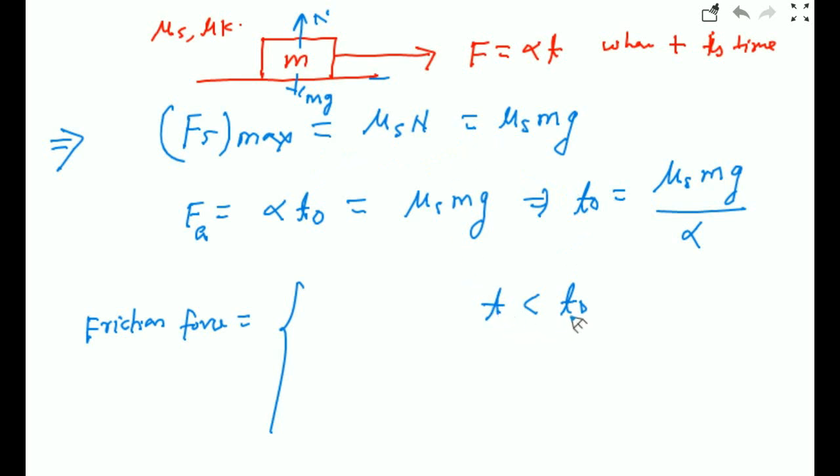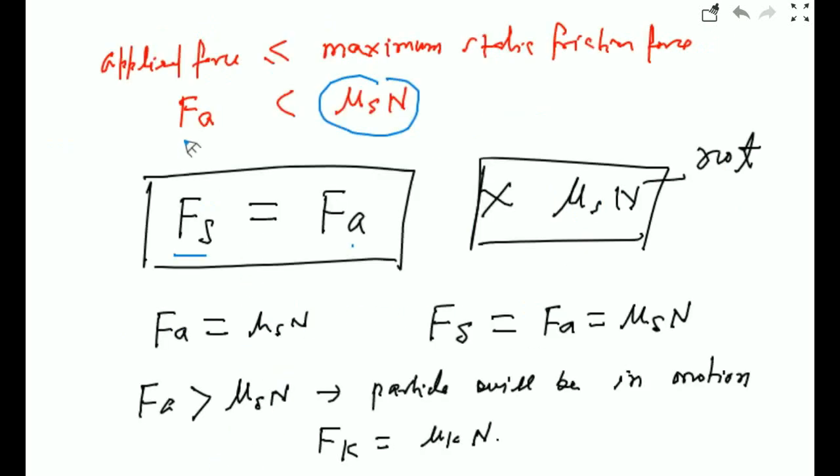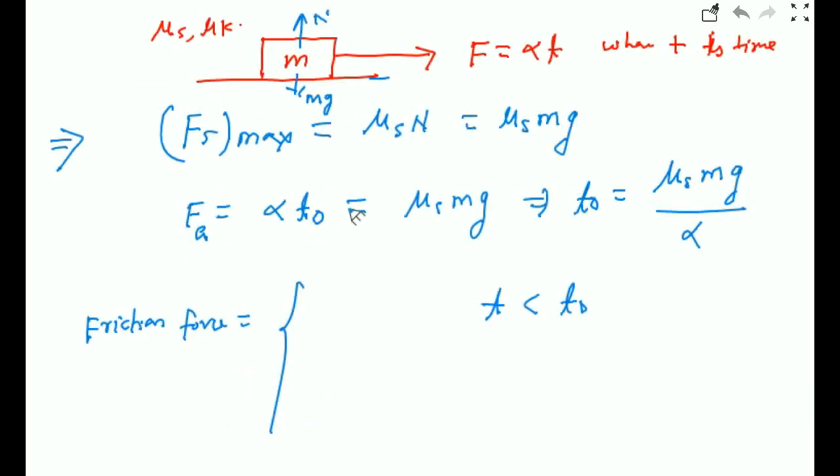So when the applied force is less than the maximum static friction force, the friction force will be equal to the applied force, which is alpha into t. When t is equal to t naught, you have the maximum frictional force, the static friction force, mu s mg, or you can write alpha t naught, but it is a constant.